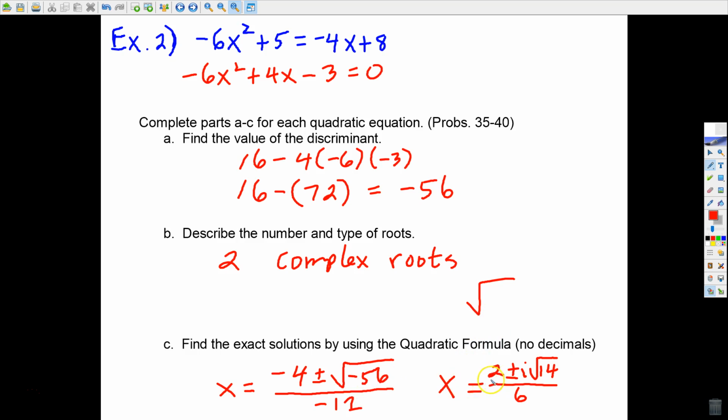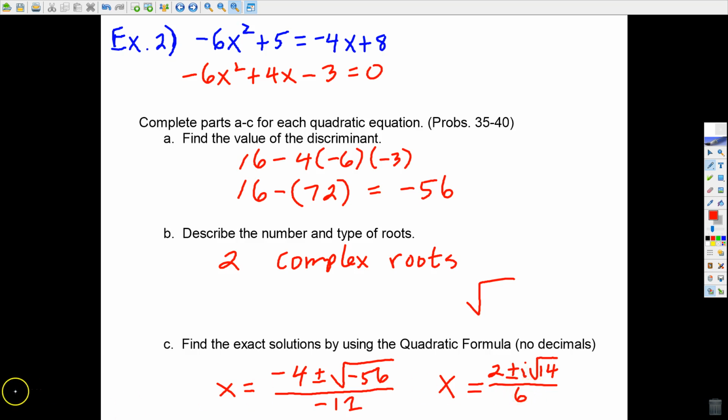In order to reduce, you have to be able to divide evenly into all three coefficients. Since technically i has a coefficient of 1, that's as far as we can reduce. If it had been 2i, then we could have reduced further, just dividing all numbers by 2. That one stays the same, but the other two don't.